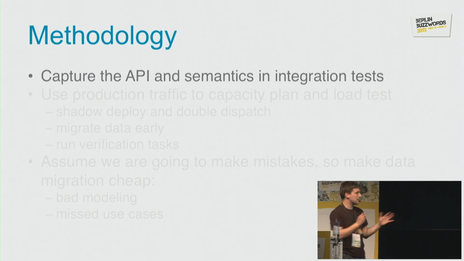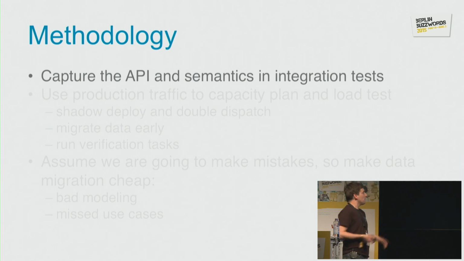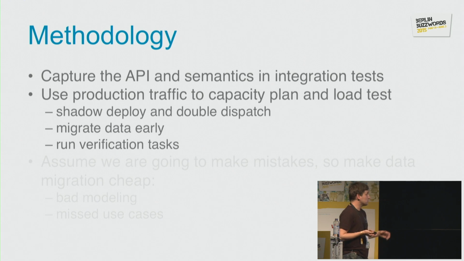So, we know why we wanted to do it and how, roughly, but a few words about our methodology. We wanted to capture our API and the semantics of that API early on in integration tests, so that we knew that what we are delivering satisfies the requirements. We also wanted to use production traffic for both capacity planning and load testing.